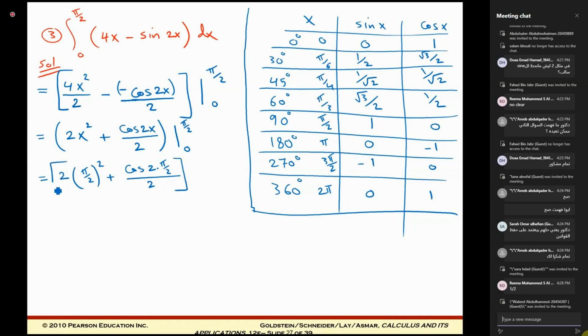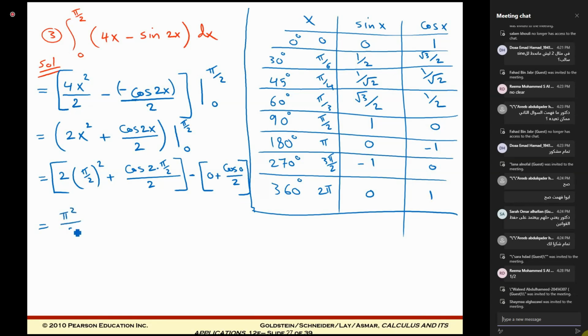Okay, substitute 0: we have 0 plus cosine 0 over 2. Now this is equal to pi over 2 squared, pi squared over 4 multiplied by 2, so we have pi squared over 2, plus cosine pi, because we remove 2 with 2, so we have cosine pi.